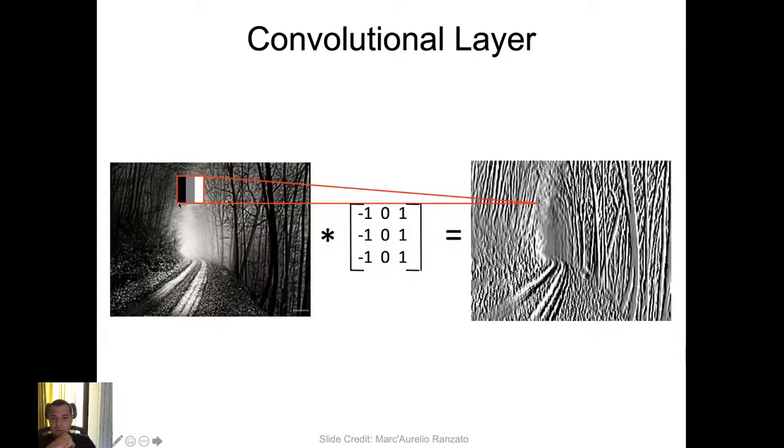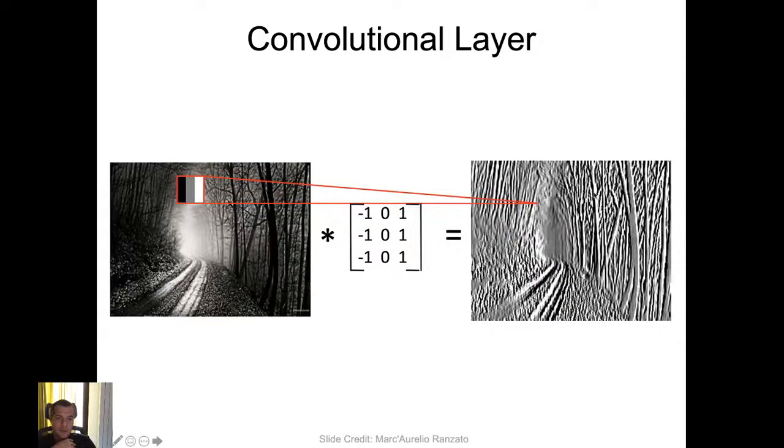So this is the pictogram of this filter, and when we apply it on this input image, we obtain this response. So we can see that we have high responses when the image is well correlated with the filter that looks like this.